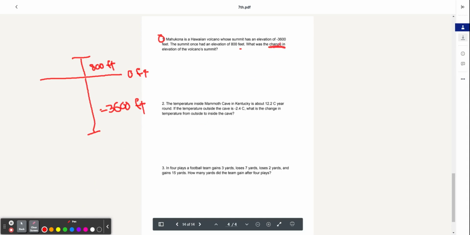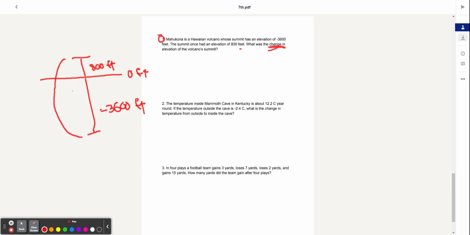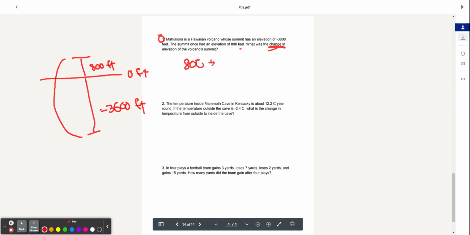So in order to find the change, we have to find what this whole thing is, right? And we add 800 with 3,600 to get 4,400 feet. But that's not the answer. Since it decreased, we're going to say our final answer is going to be negative 4,400 feet. That is the change in the elevation.